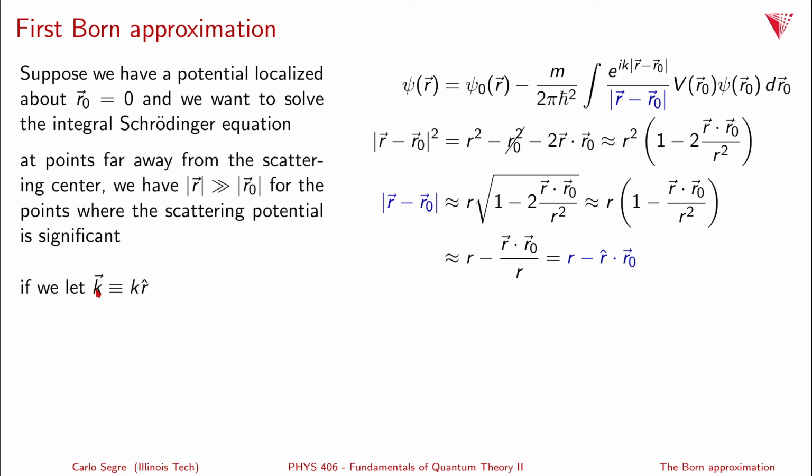If we let k, which is the wave number or wave vector, be equal to k times r hat, so we have a spherical solution, then we can write for the exponential e to the i k absolute value of r minus r0, using this form, e to the i k r times e to the minus i k dot r0.